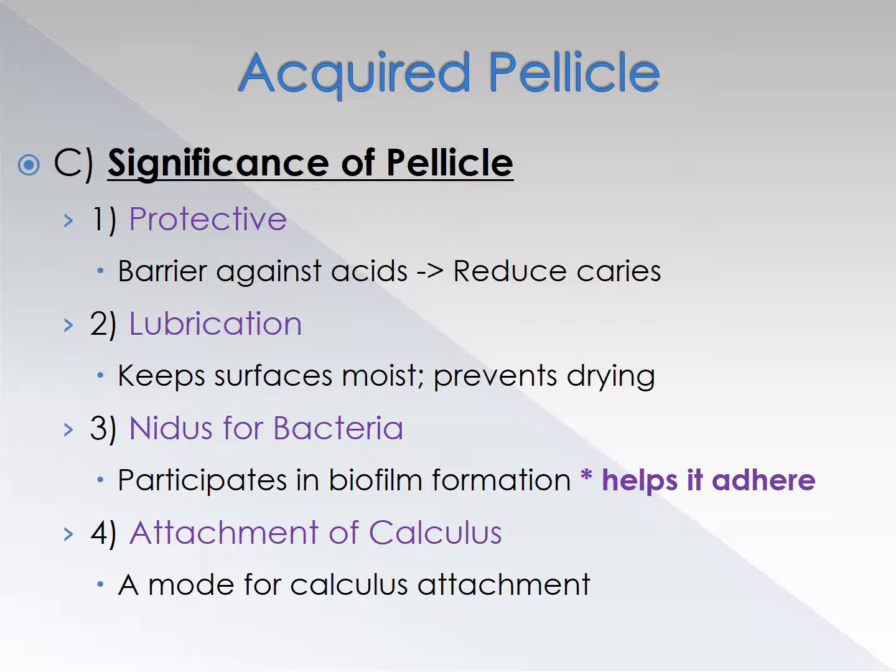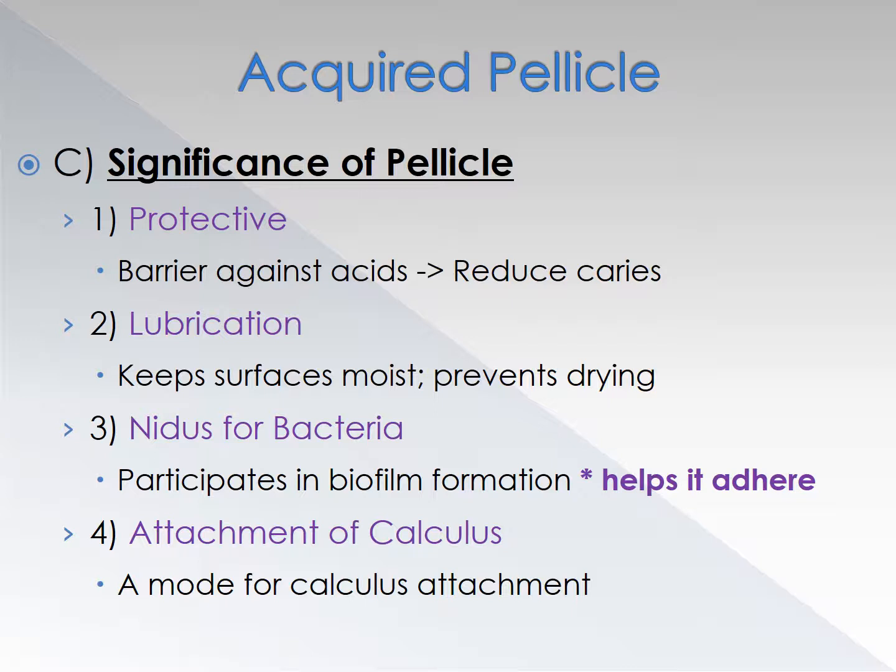Now, on the other side, there are a couple negatives too, and that is that it becomes a nidus for bacteria, meaning it's helping to participate in the biofilm formation by helping it adhere to the enamel structure. It also is one of the modes for calculus attachment. Now, removal of pellicle is not super resilient to withstand rigorous patient oral health care or home care.